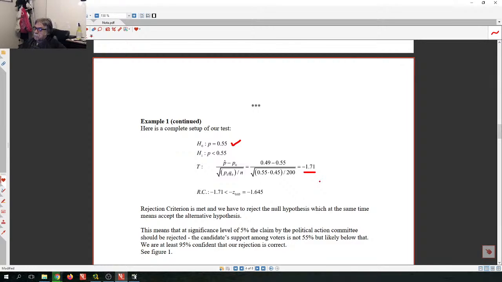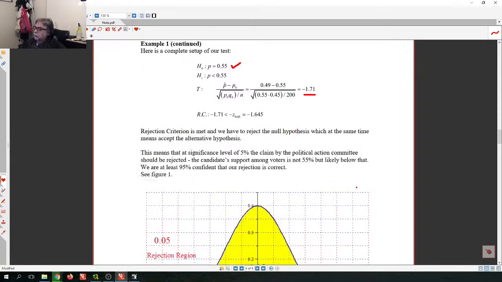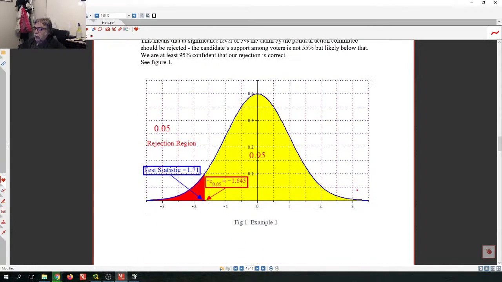This is, by the way, an approximation, of course. But it happened to be below negative 1.645. So here's a picture. What happened? My choice of level of significance of 5% gives me this tail. That's why the test is called left tail.